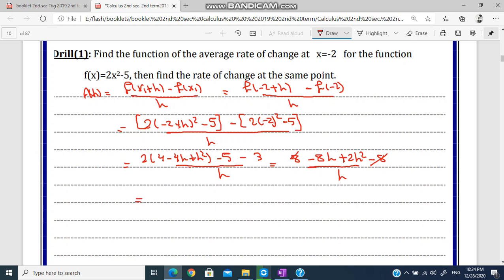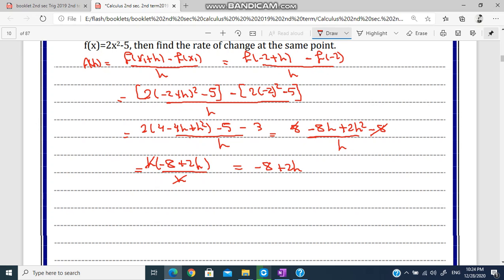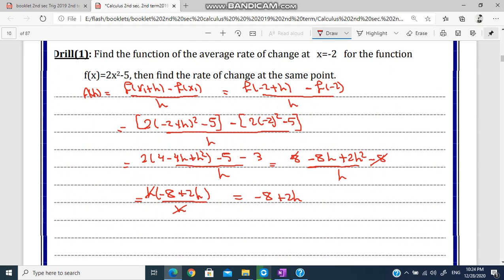Take h as a common factor from the numerator, so h times (-8 plus 2h) all over h. Cancel h with h, so it will be -8 plus 2h. This is the average rate of change.